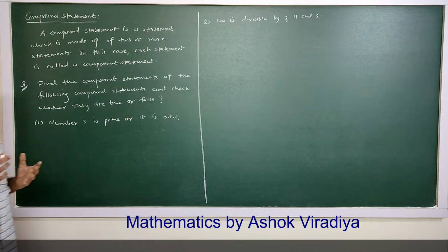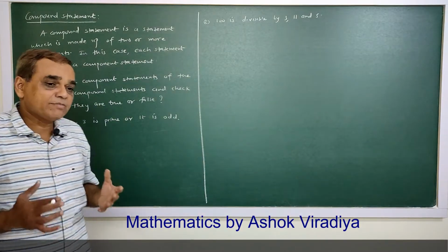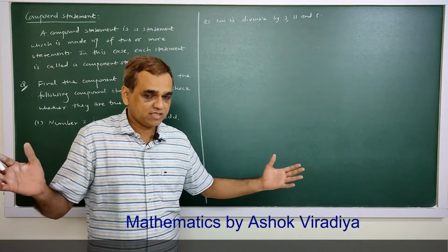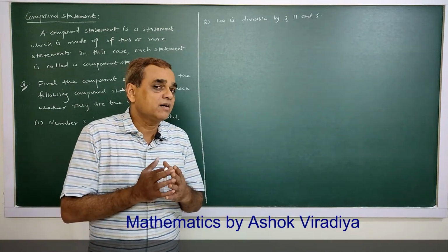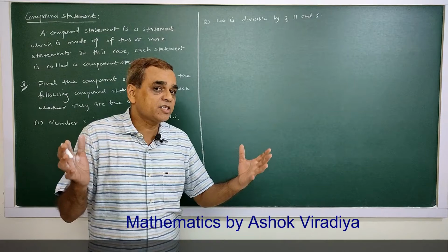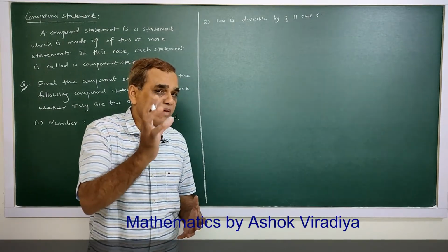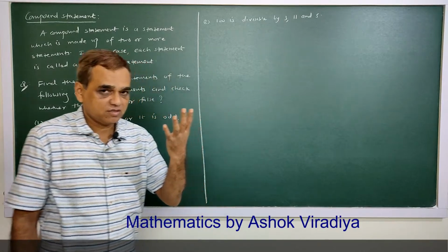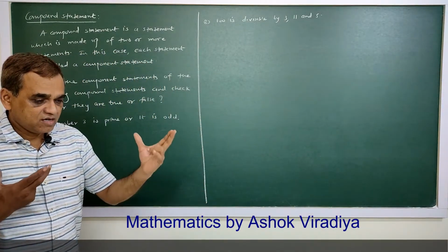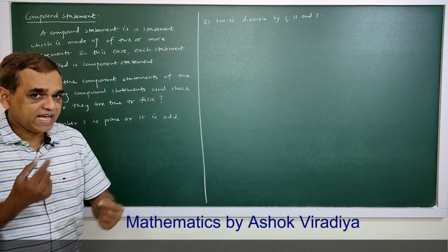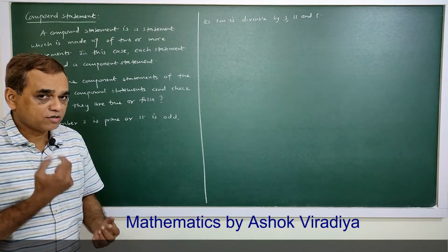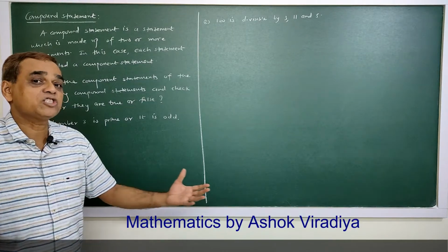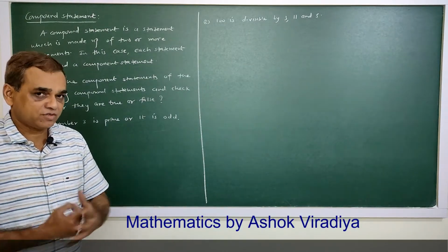So a compound statement is formed using more than one statement, and when more than one statements are used to form a compound statement, logical connectives are used. We join component statements by and, or, sometimes if then. These are logical connectives.